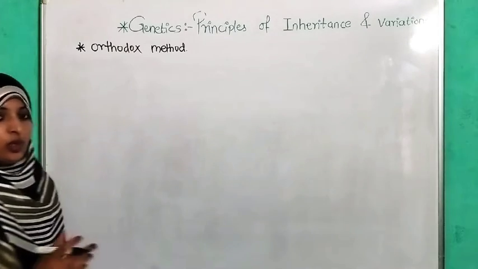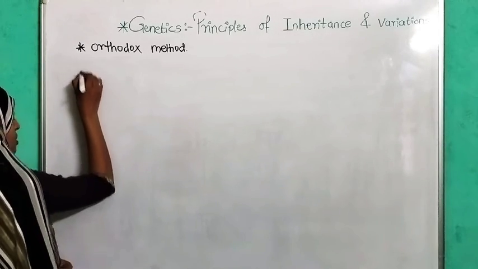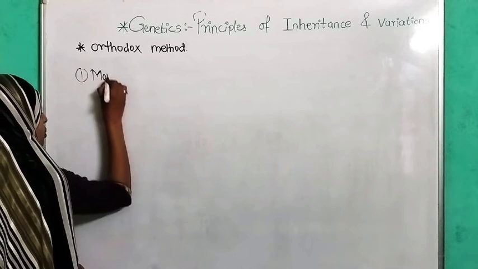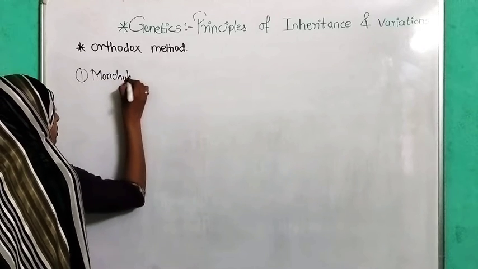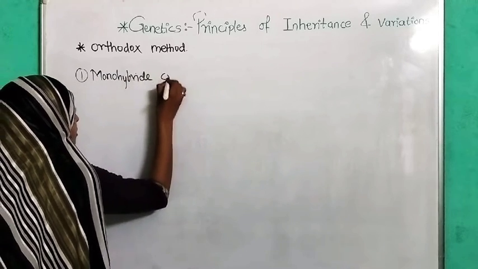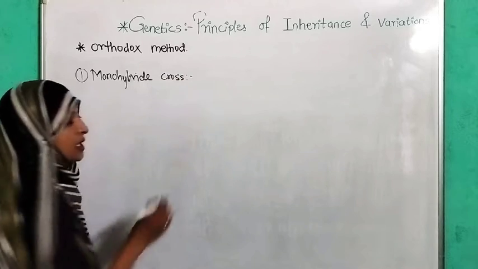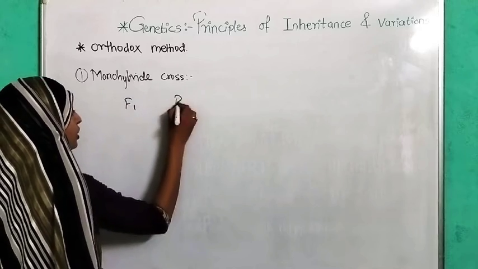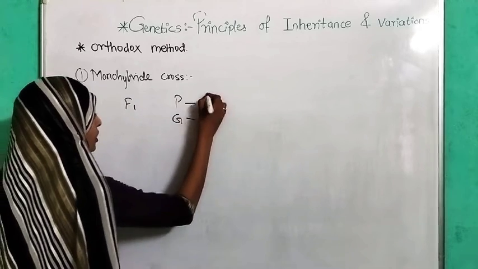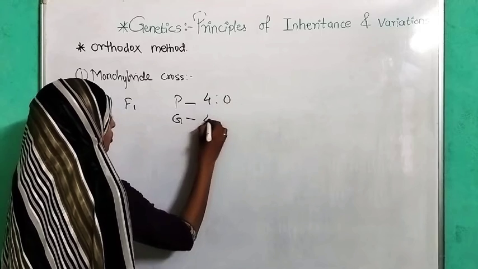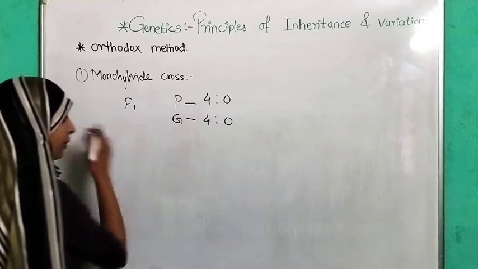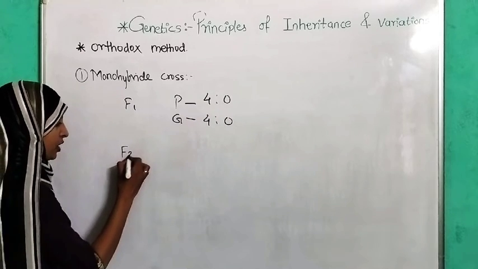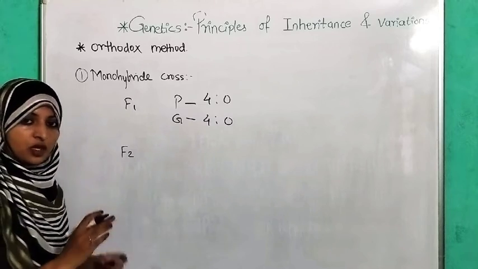So we know, if we talk about the monohybrid cross, the total offsprings are 4. In the F1 generation, the phenotypic and genotypic ratio is 4 as to 0. But in the F2 generation, the total offsprings are 4.